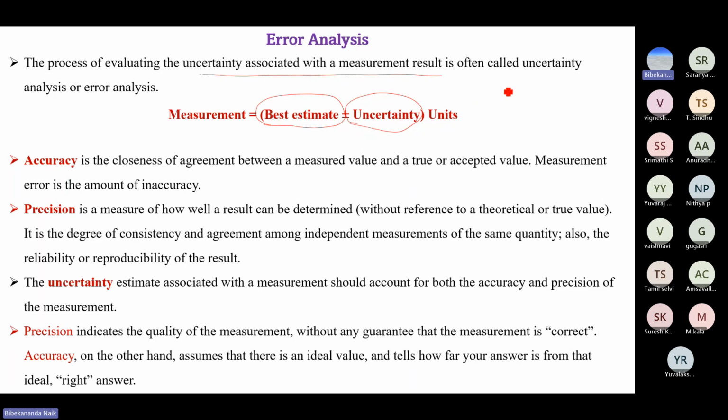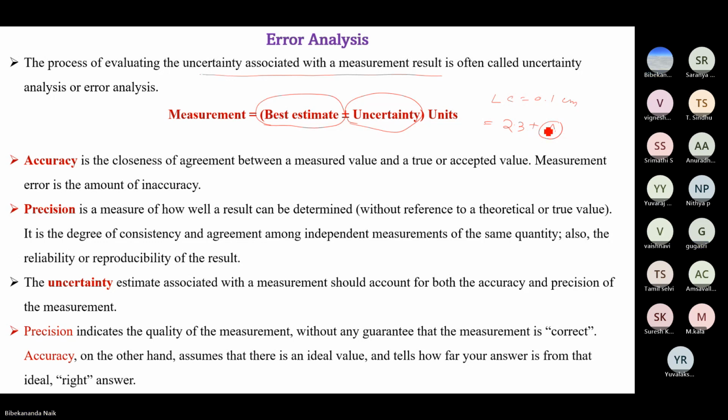For example, if you are using a meter scale that has a least count of 0.1 centimeter, and you measure the length of an object and can identify clearly that the best estimate is 2.3 centimeter, then there will still be some error, because we can only measure up to this 0.1 centimeter.